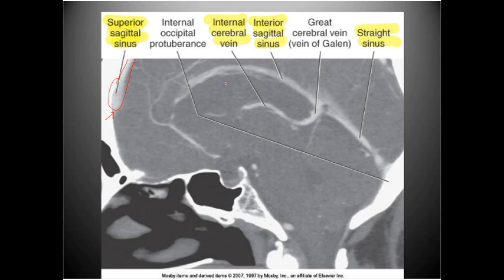Then we have anterior sagittal sinus, internal cerebral vein, the straight sinus coming down, and then coming down here will be the superior sagittal sinus, all coming together here, which is the confluence of the sinuses.